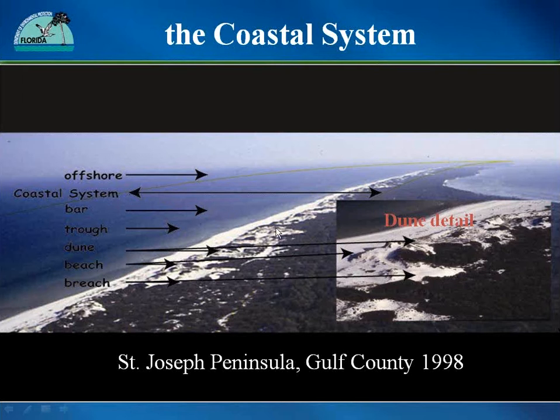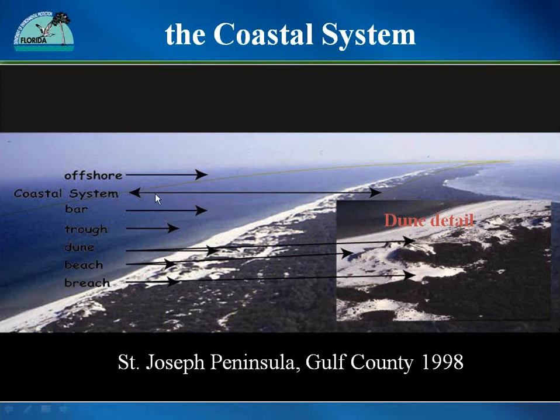And then as it moves through the system, it could be a debit when sand erodes or gets pulled offshore, or it could be a credit when it's pushed up into the dunes.